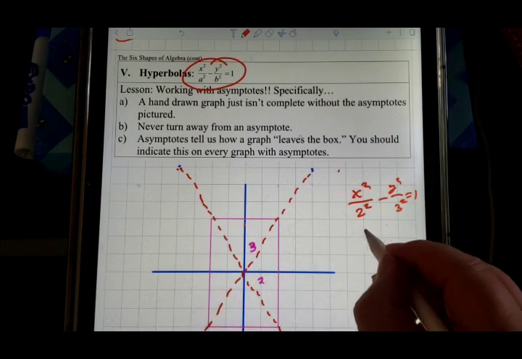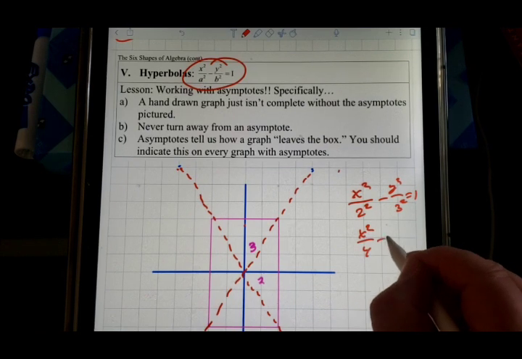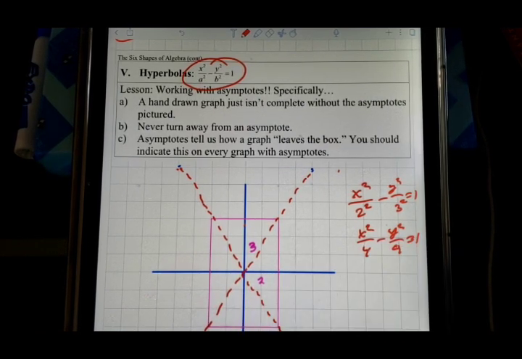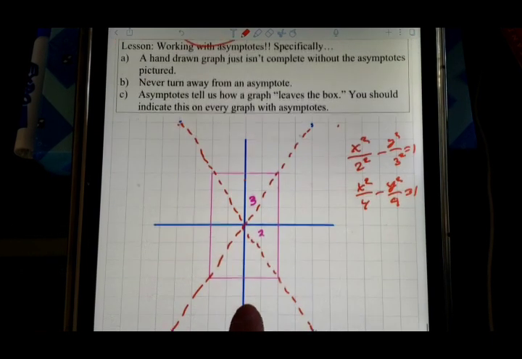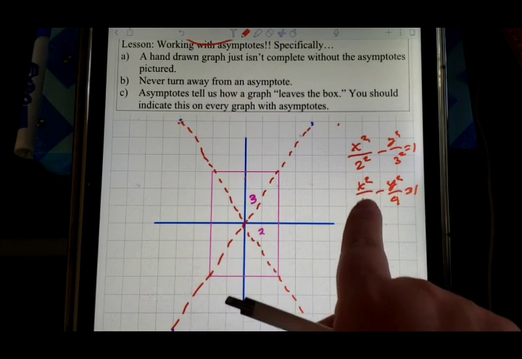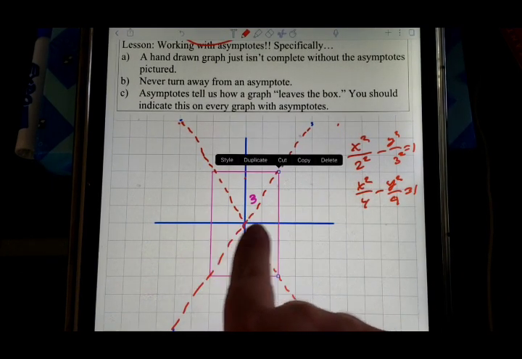So if you're given x squared over 4 minus y squared over 9 equals 1, you will immediately just draw this box, because 4 is 2 squared, 2 along the x-axis.